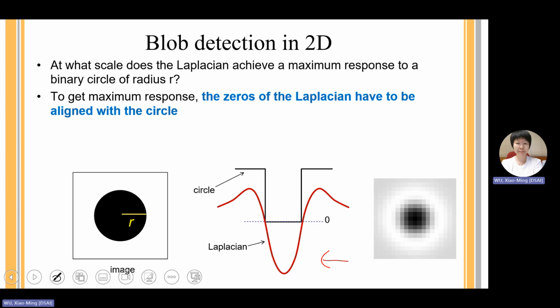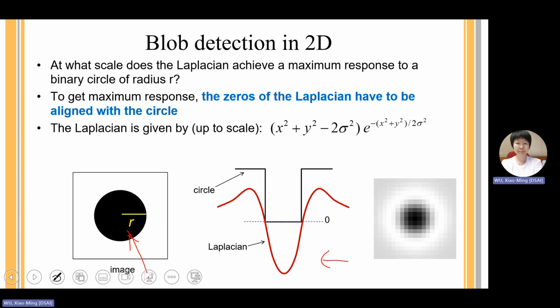Remember, the definition of blob is just areas which are brighter or darker than surrounding areas. Apparently this is a dark blob. It's darker than its surrounding areas.